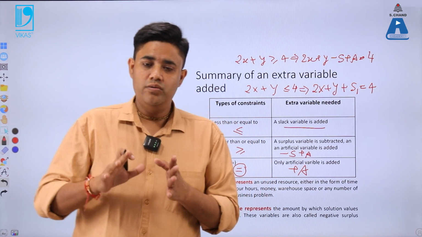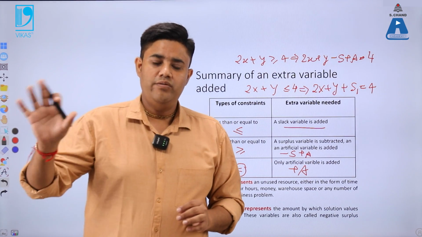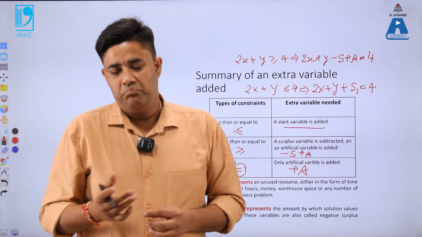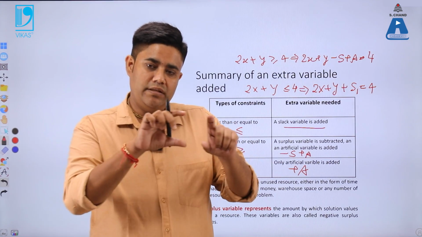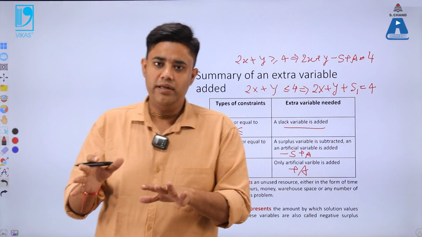Let's say I want to convert that less than type value into an equal to type constraint. Then I need to use a visiting faculty, that might be my slack variable, and that slack variable is to be added into the total number of hours to convert it into an equality.